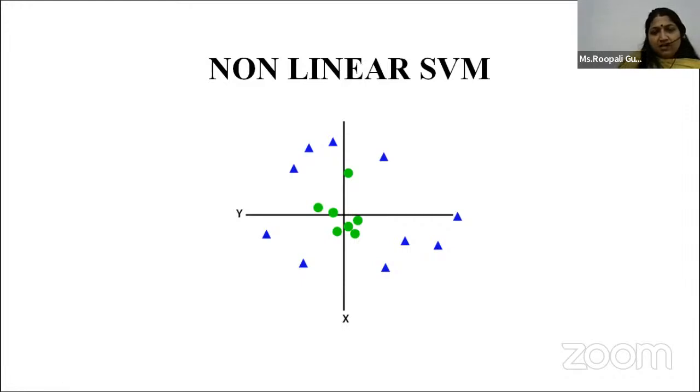So we have one technique, but here I'm not going to discuss it in detail. I'm just telling you what that technique is, because that question might come to your mind: what is the technique by which we can separate non-linear data? For non-linear SVM, we use the kernel method. For the kernel method we have different types of formulas also.